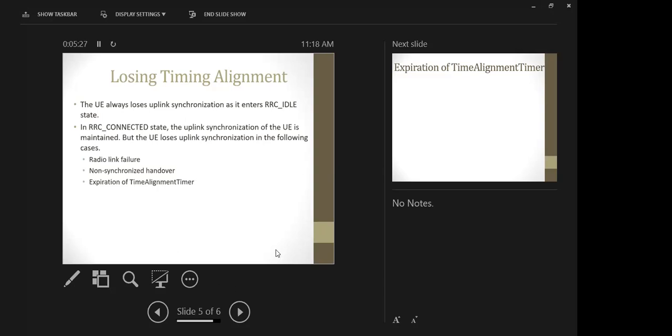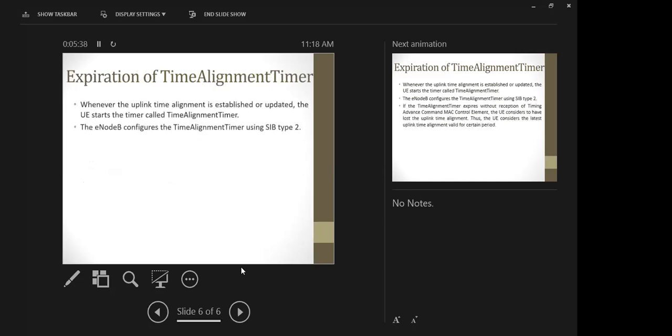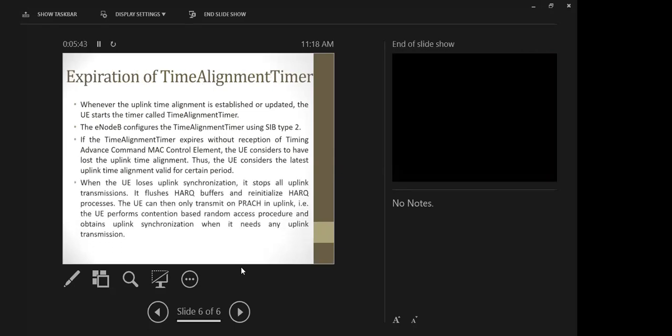And if that timer expires, then you consider that the uplink synchronization is no longer correct, because you haven't received a correction from the eNodeB in all this period, so it will not be perfect if I send now.